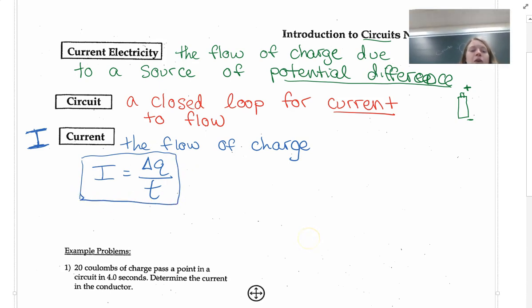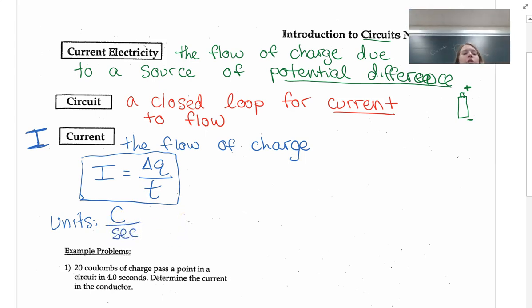So then we have to think about, okay, what are the units of current? Well, the units are units of charge, which we're thinking about the flow of a lot of electrons. It's more helpful to think about that as a coulomb, a lot of electrons, divided by time, which we measure in seconds.